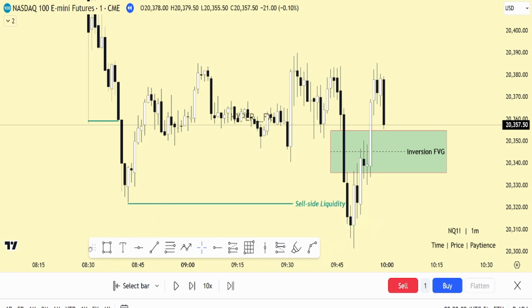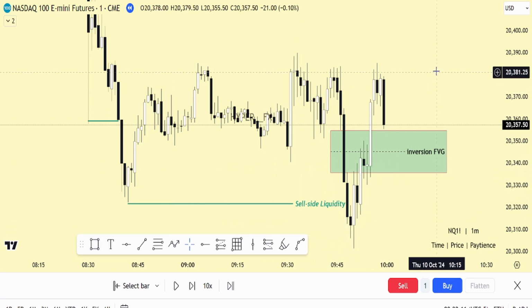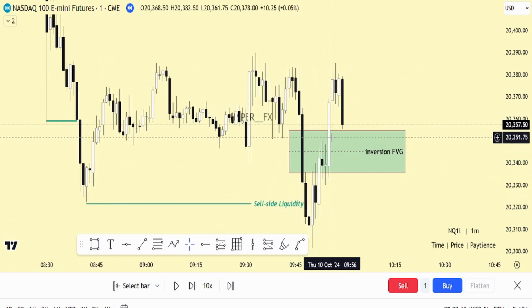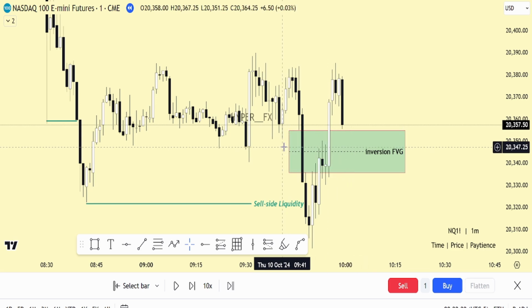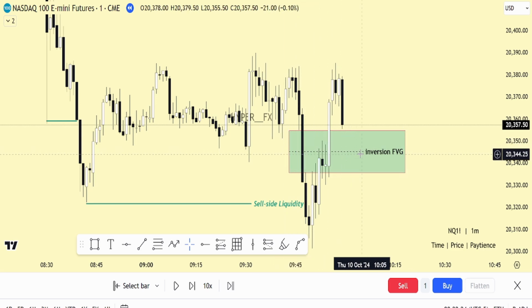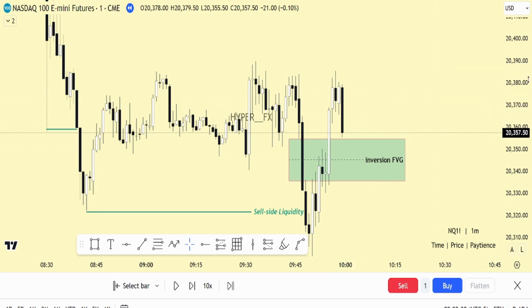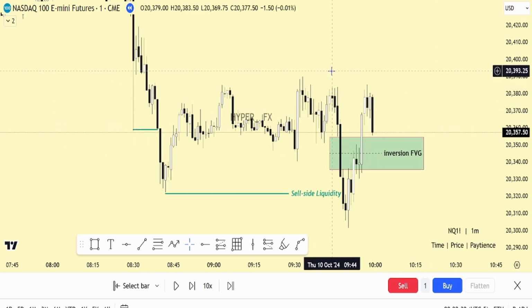So you mark out your inversion fair value gap, and once price returns to the high of this fair value gap, sometimes it can retrace into the consequent encroachment, that is like the 50% mark of the fair value gap. You can take a buy entry and start to take profits.